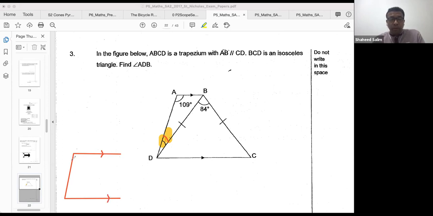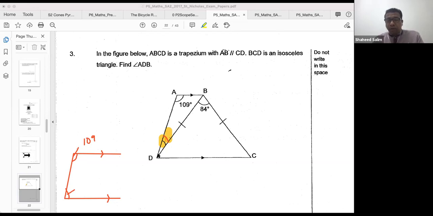So down here now is 109. Okay, you must remember when you have two parallel lines and a line connecting, these two angles will add up to 180. So you want to find this angle, 180 minus 109. I am now erasing this.